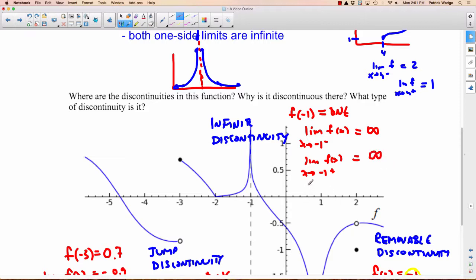So what does that mean about the limit of f of x as x approaches negative 1? That means since it's infinity here, it's infinity here. Now, I know I've said this before, but I just want to say it again. Does this mean that the limit exists? No, it doesn't. I know we have an answer here, but that's just telling you that the limit does not exist, and it doesn't exist in a special way, and it's this way where it goes towards infinity.